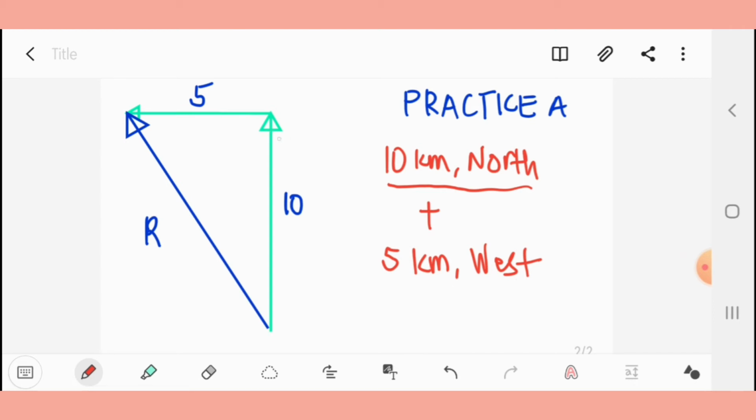You have 10 kilometers going north, and we have 5 kilometers going west. Now we are going to find the resultant, from the starting point until the end point. You connect that with another vector. That is what we call the resultant. We are going to use the Pythagorean theorem to find it.